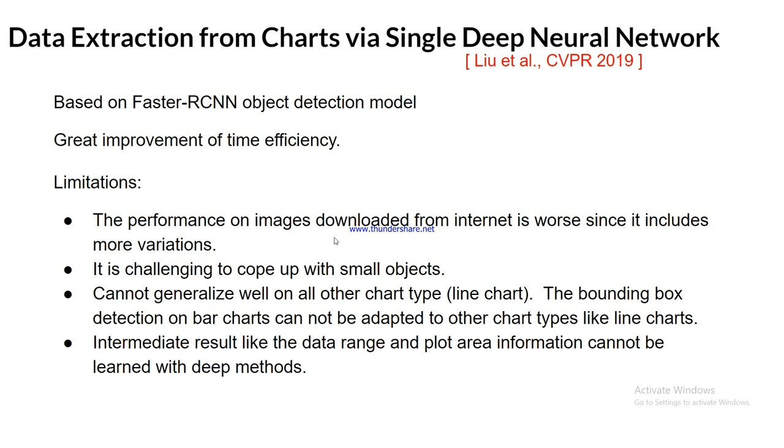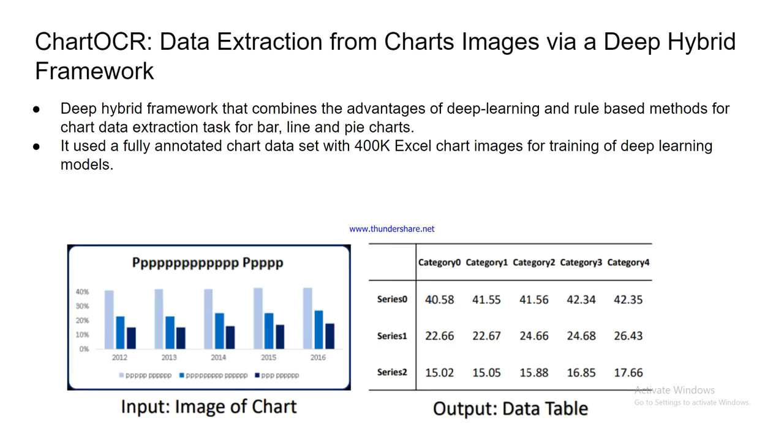So finally, to cope with these challenges, ChartOCR combines the advantages of deep learning and rule-based methods for the chart data extraction task for bar charts, line charts, and pie charts.